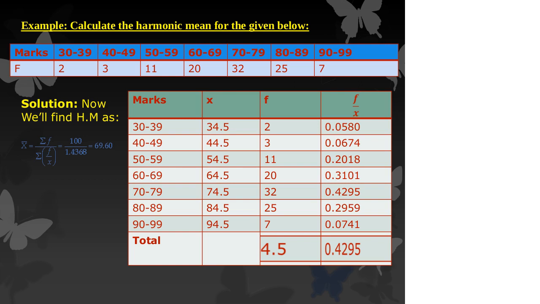So from the lower limit, we subtract 0.5, and to the upper limit, we add 0.5. So this is what we do.